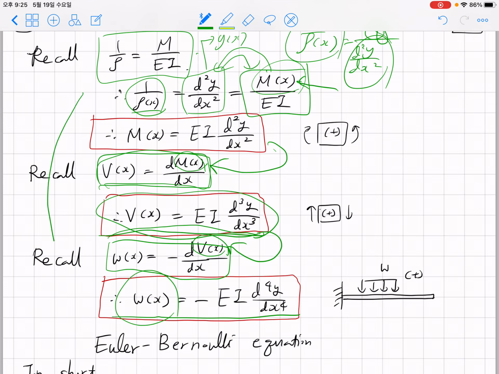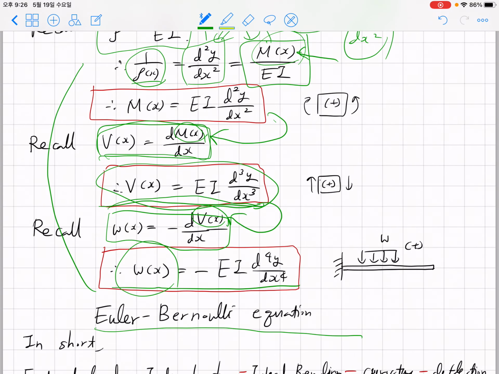This series of differential equations is called the Euler-Bernoulli equation. One thing you have to be careful about is that when writing down these equations, you have to make sure that you define your m(x), v(x), and your vertical distributed loading according to our sign convention.